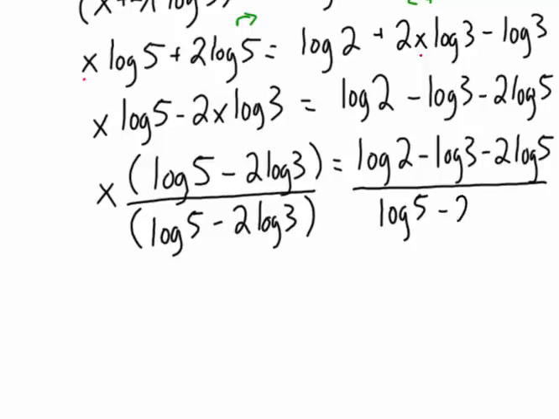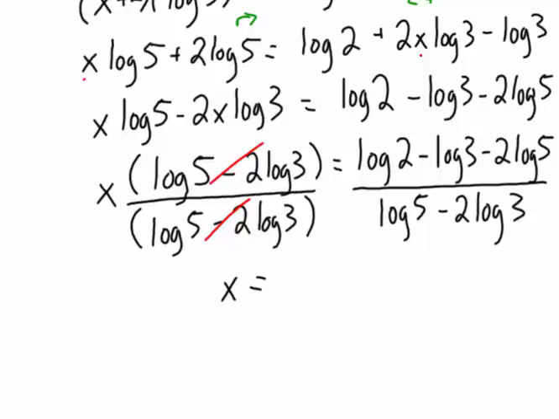Log 5 minus 2 log 3. And that'll get us a value for x. These will cancel out, and we'll get an x value. And so x would equal log 2 minus log 3 minus 2 log 5 over log 5 minus 2 log 3.